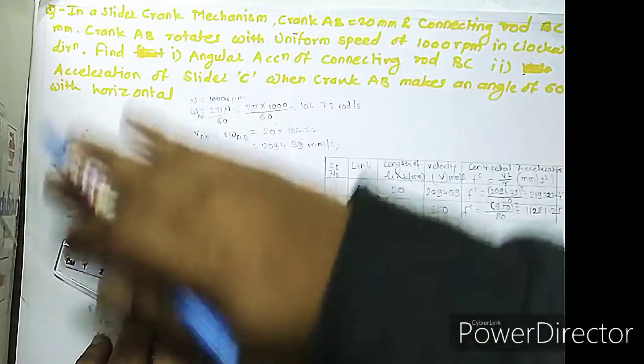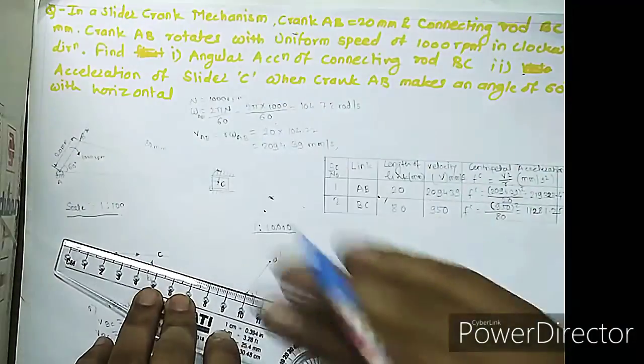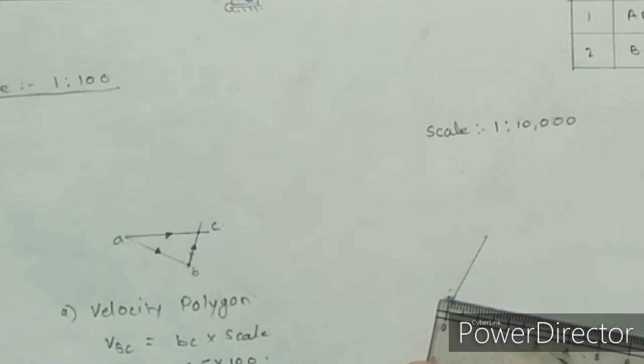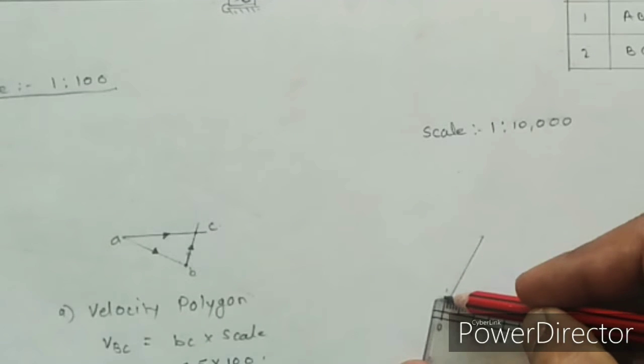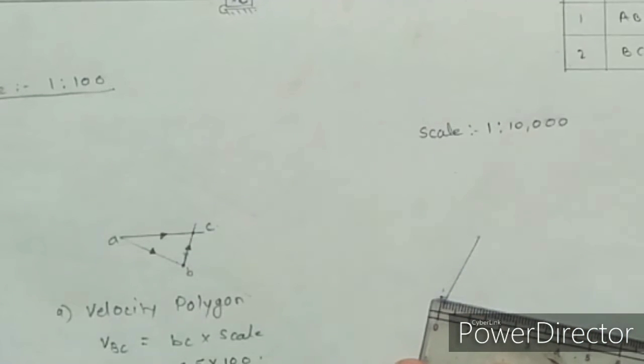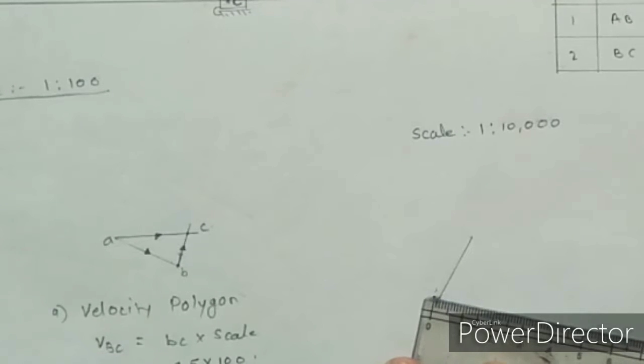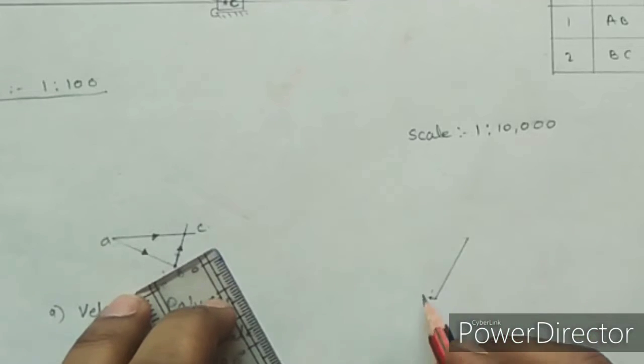Now dividing the FCBC by the scale, that is 10,000, we will get 1.12 mm, that is 0.12 centimeter. Here I am drawing the 0.12 parallel to the connecting rod, that is centripetal acceleration.